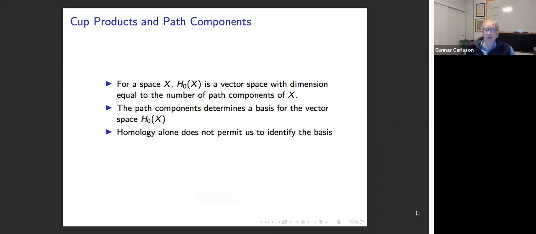And homology alone, by its calculation, and the duality theorems do not permit us to identify the basis. So in homotopy theoretic language, H naught does not determine pi naught as a set valued functor.